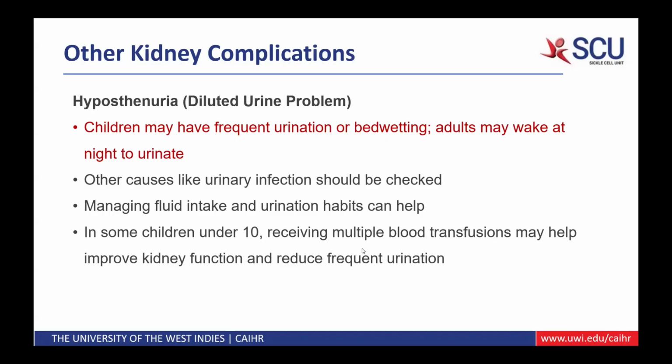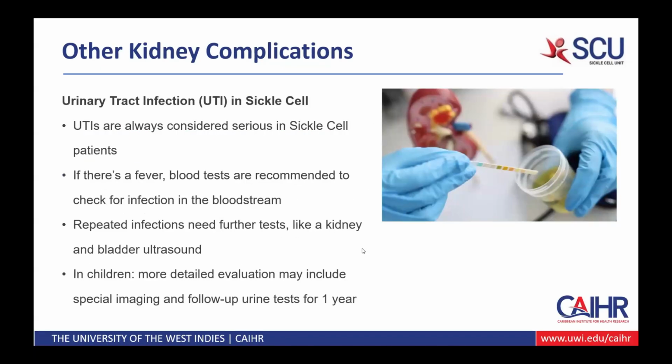But it's also important that you manage how you're taking in fluids, trying to avoid taking too much fluids close to when you're going to bed. And also retraining yourself in terms of habits, like trying to pass urine right before you go to sleep. So those kind of things can help. And those are some things that we'll advise you on.